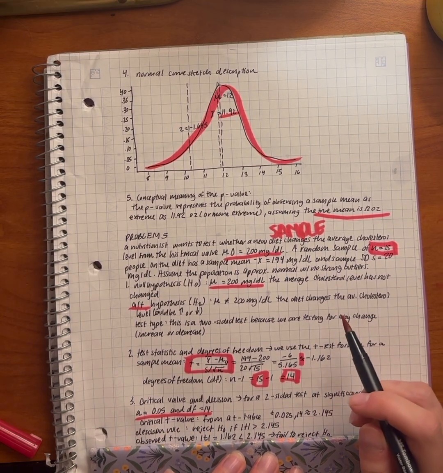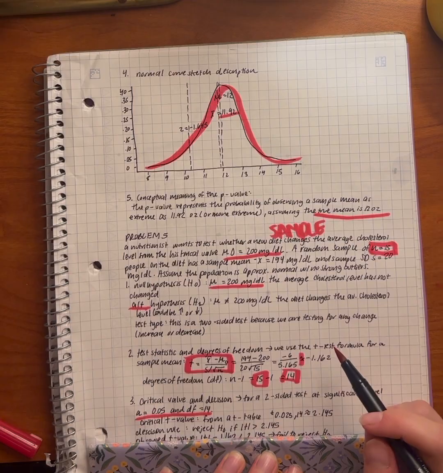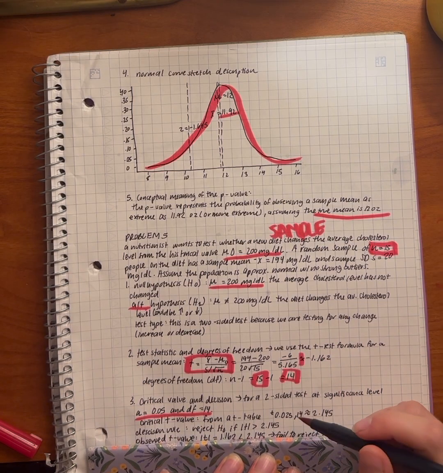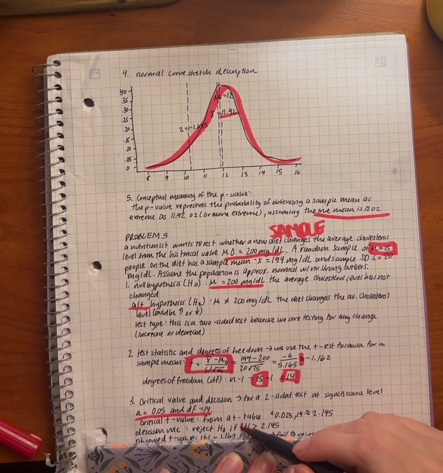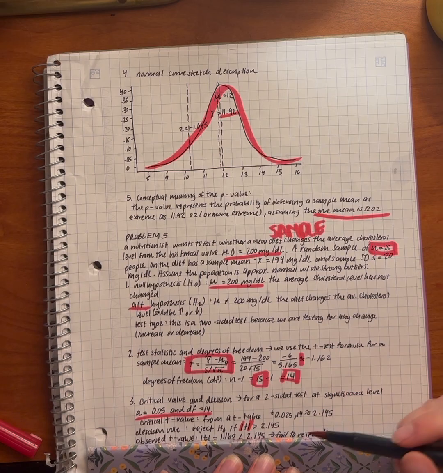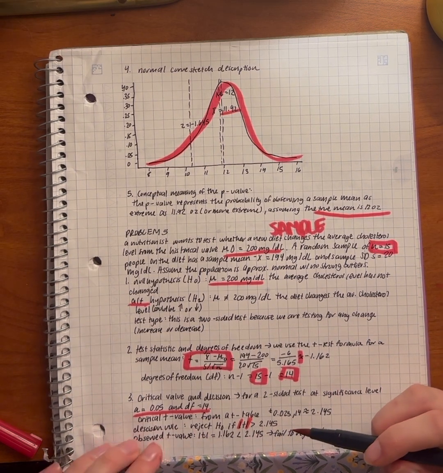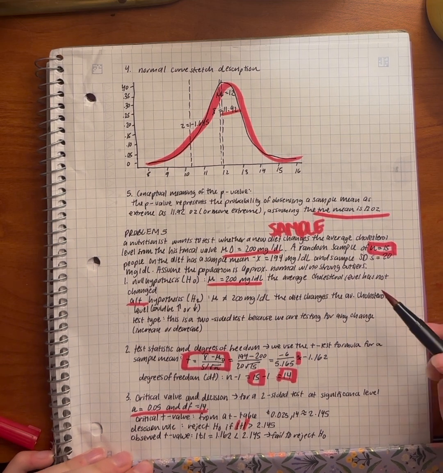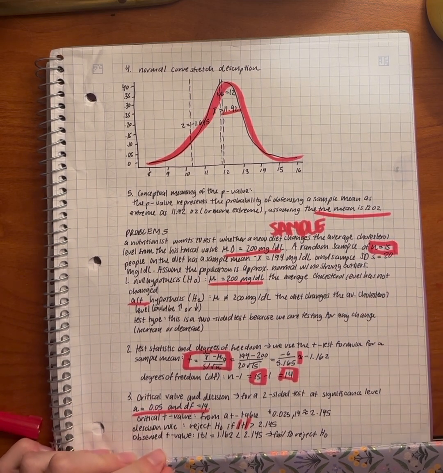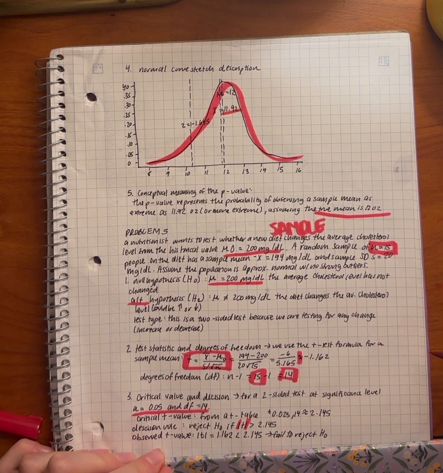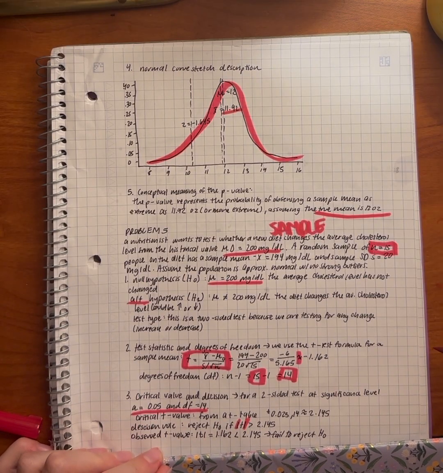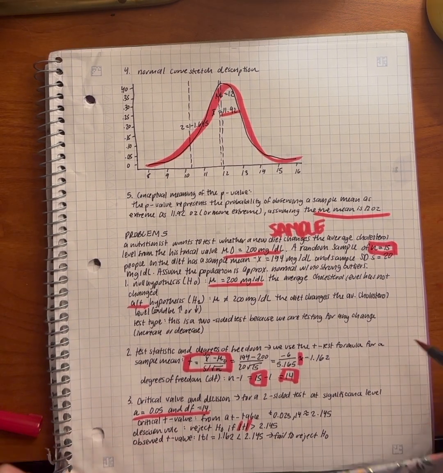And then the decision rule rejects the H0 if the absolute value of t is greater than 2.145. And then the observed t value is going to be the absolute value of 1.62, which is less than 2.145, which means we fail to reject.